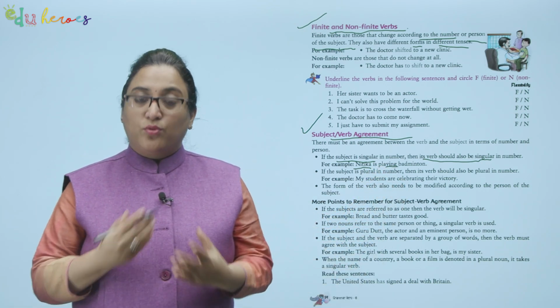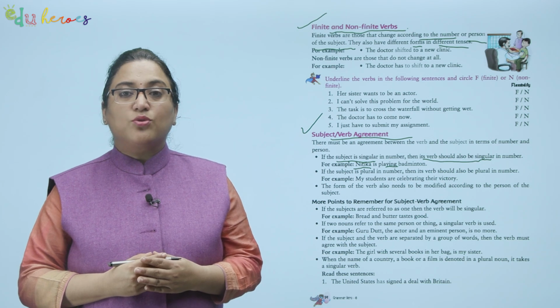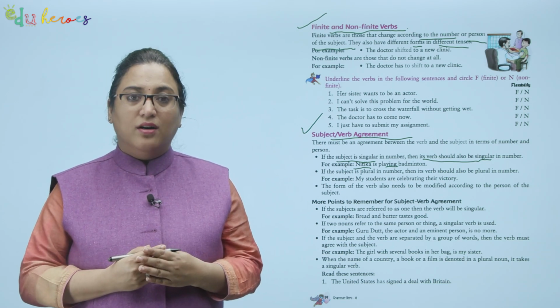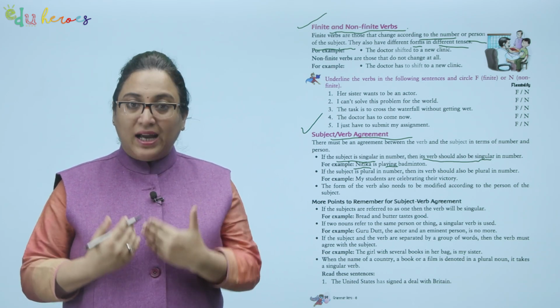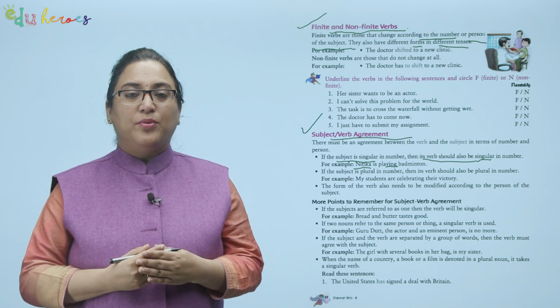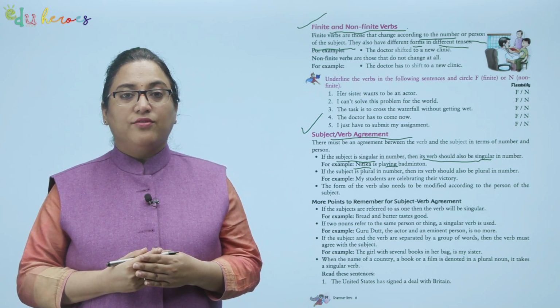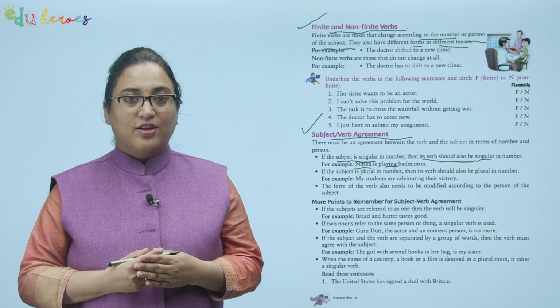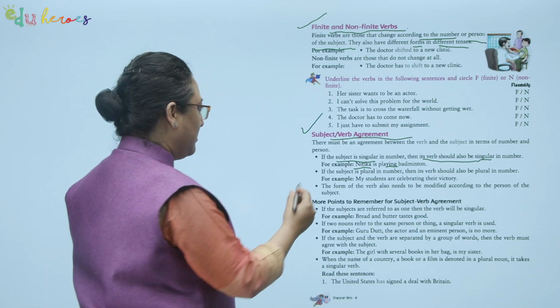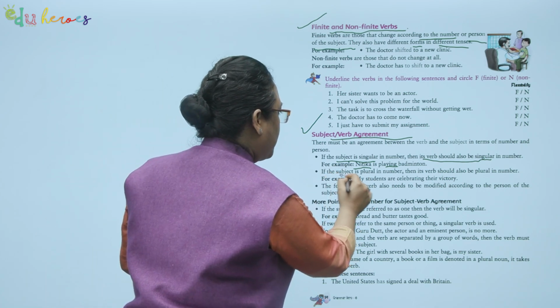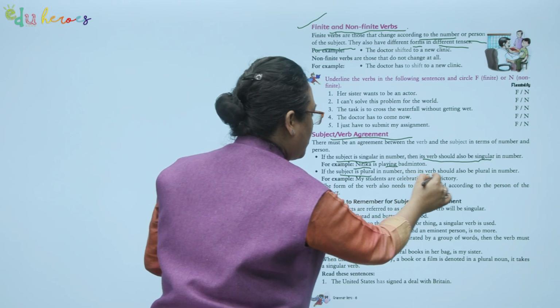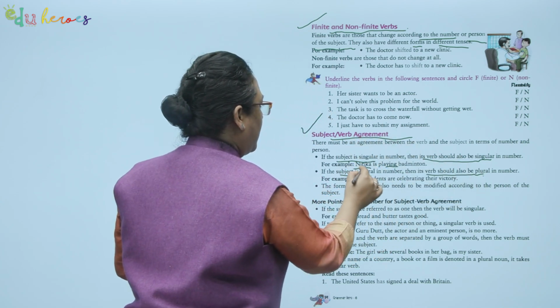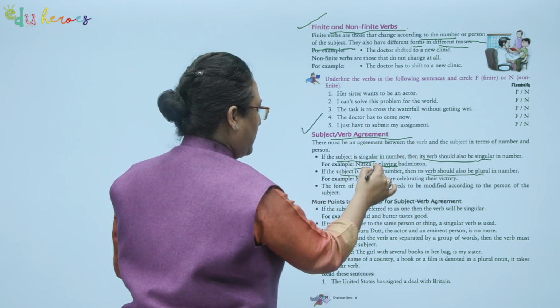If the subject is plural in number, then its verb should also be plural in number. For example, my students are celebrating their victory. So here, let's highlight. Subject is plural, verb also is plural. Like Nitika was singular and is playing was singular.